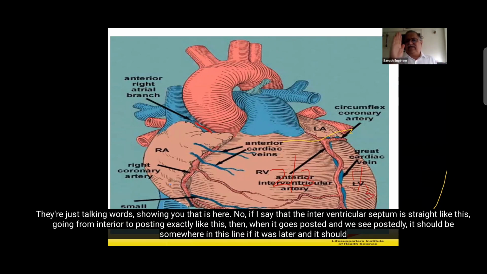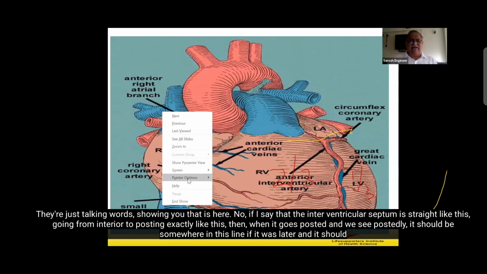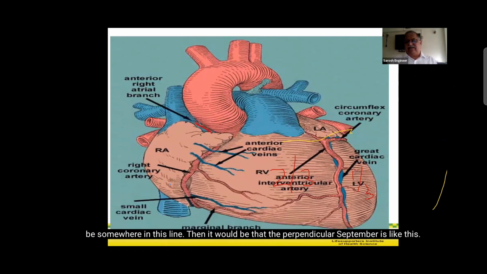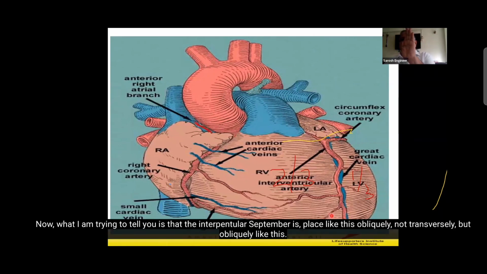Now, if the interventricular septum were straight like this, going from anterior to posterior, then when we look posteriorly it should be somewhere in this line. But the interventricular septum is placed obliquely, not transversely.